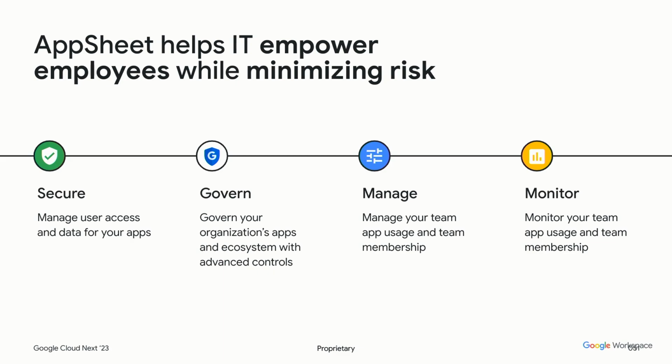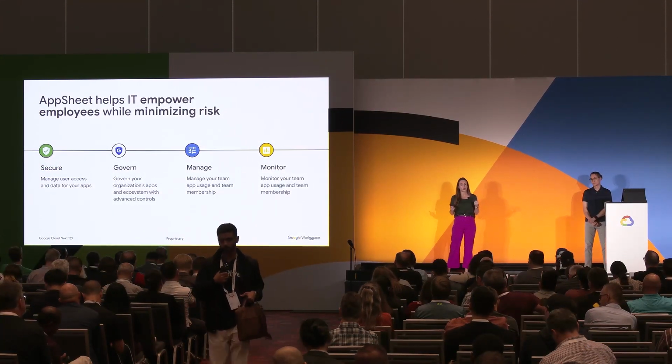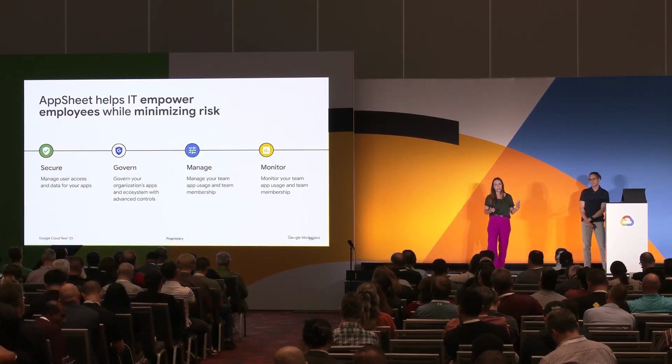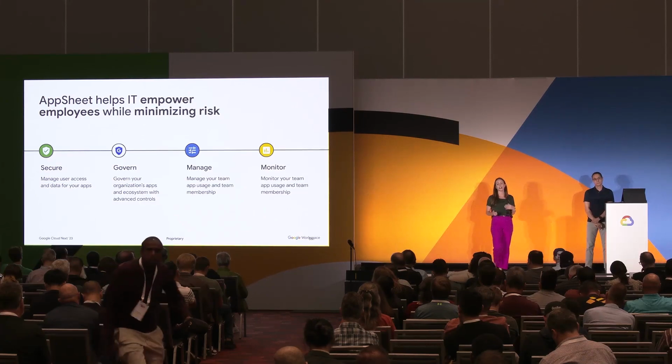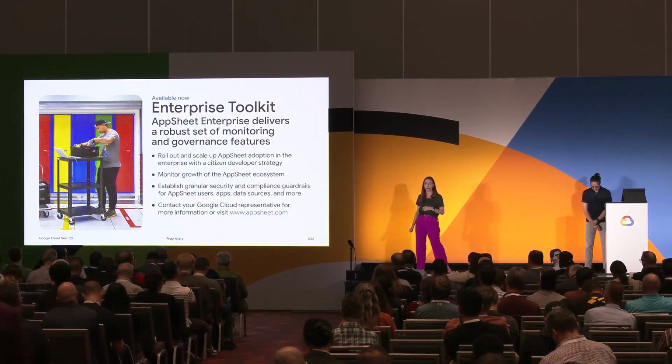establish a governed ecosystem, control shadow IT, protect data via robust policies and usage monitoring, and give access to audit logging as well. All of this together allows you as IT to feel comfortable empowering your creators to build solutions, build applications on top of business data that are secure and compliant, and free you all up to do the mission-critical work at hand.